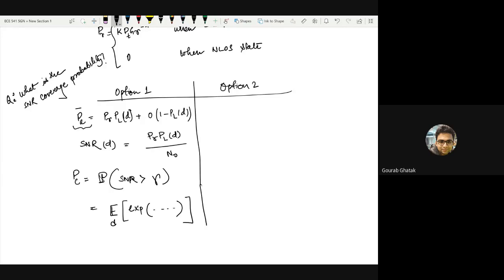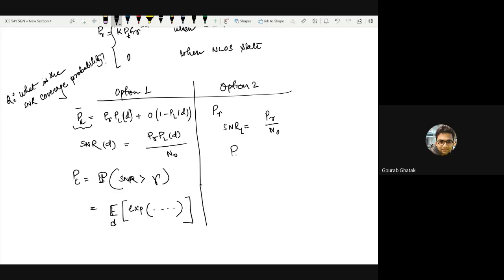The option 2, however, someone says no, that is not how my network behaves. It behaves in this way: if I am at a distance of D, I am receiving a power P_R, and I would receive an SNR, which is P_R by N_0, in case I am in line of sight, so I call it SNR_L.